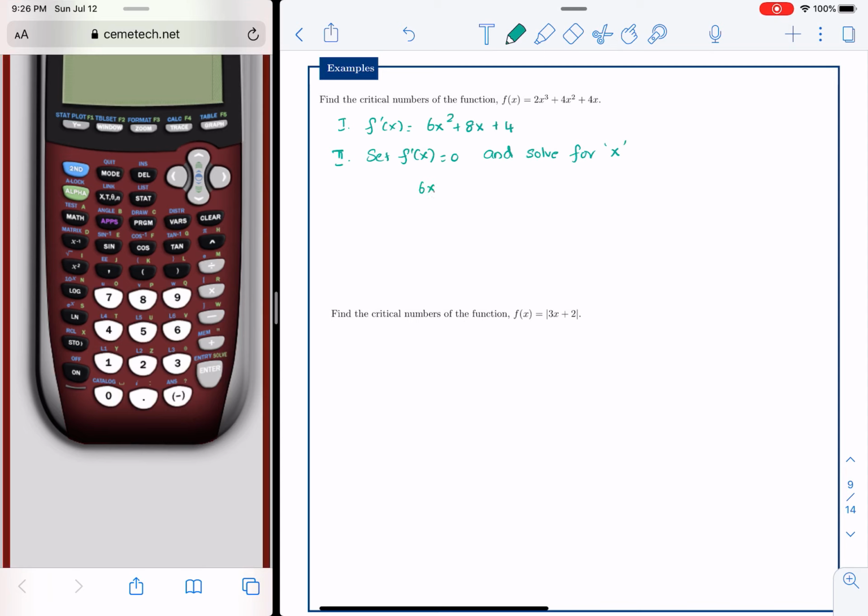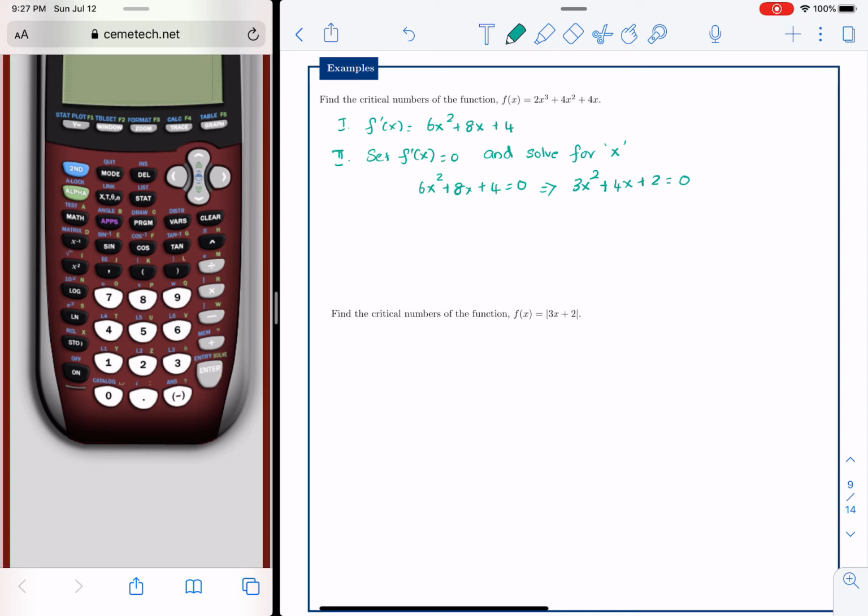So 6x squared plus 8x plus 4 equals 0. And we have a 2 in common, so we can divide by 2 on both sides. So 3x squared plus 4x plus 2 equals 0.